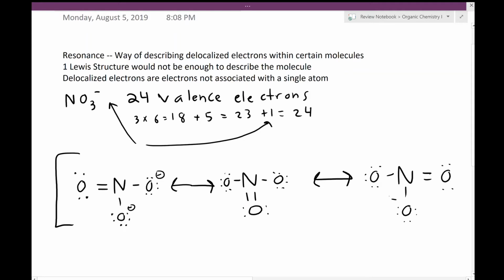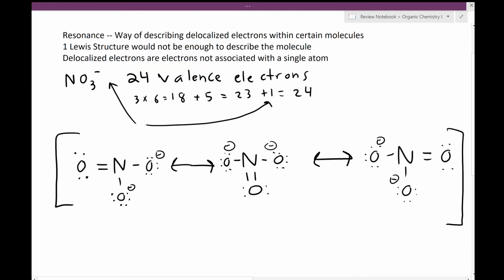All these with the single bonds are negative. And one thing to note is that the charge has been conserved in all of them. Here we have 2 negative atoms, 2 negative atoms, and 2 negative. So those are 3 resonance structures, and we need to show them all to describe this.